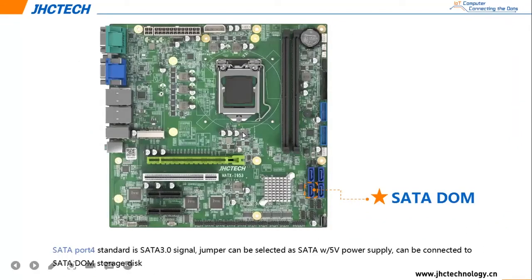Also, the SATA port standard is SATA 3 signal. One SATA port can be connected to SATA DOM storage by jumper. So you can connect 3 SATA disks and 1 SATA DOM storage disk.